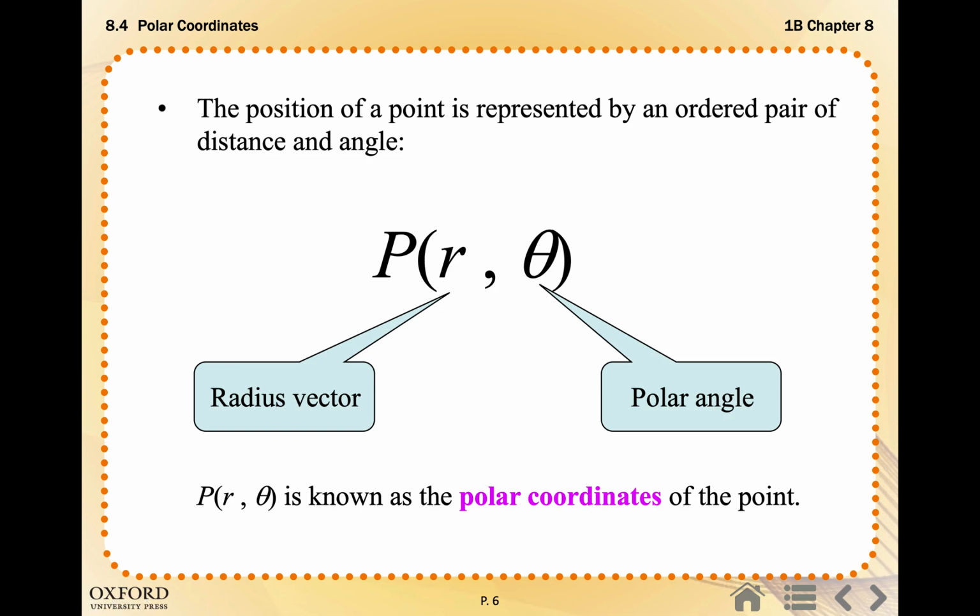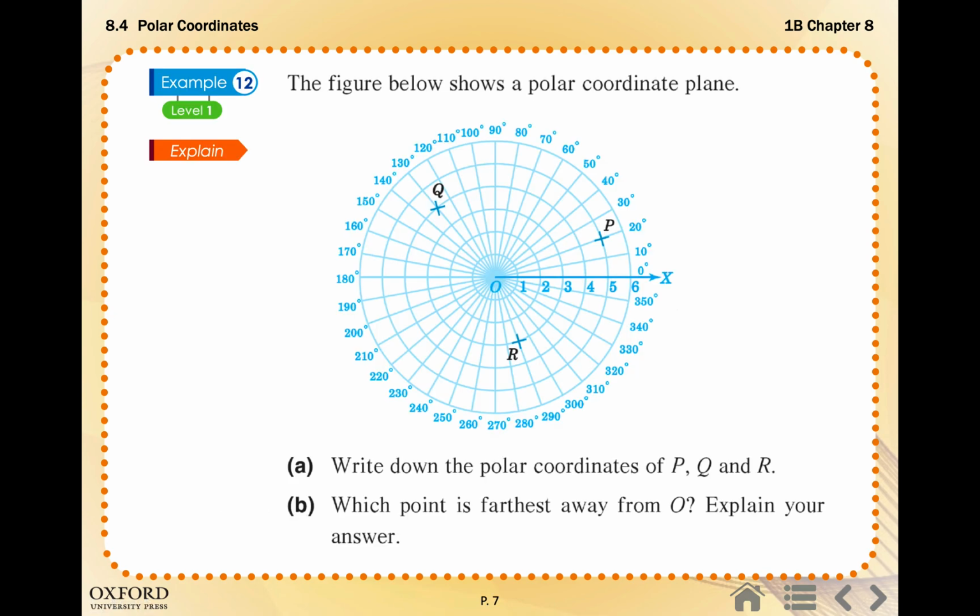So here you got the idea about how to represent a polar coordinate by r and theta. R is the radius factor, and theta is the polar angle. Let's look at some examples.